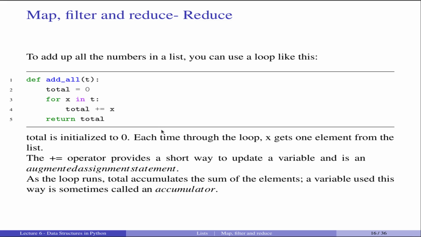Now let's see some list techniques. So what we can use lists to do. There are three very interesting techniques that we can use lists for. The first one is map, the second one is filter, and the third one is reduce. Okay, so let's see reduce first. Reduce refers to a technique.